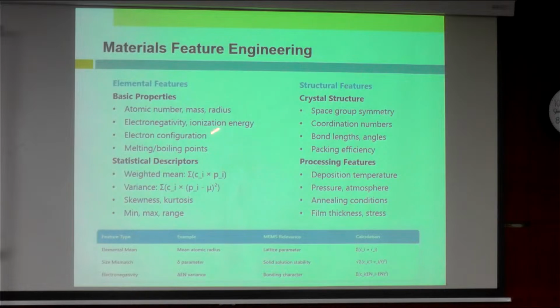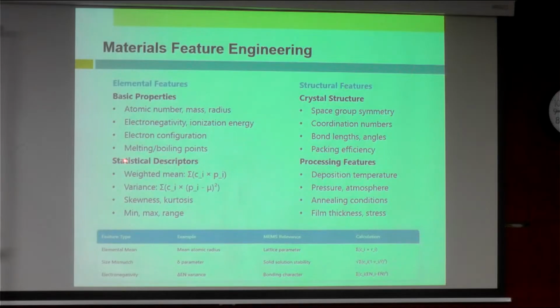These will be the base of the material that will shape the property that we intend to have. Then the electron configuration, melting and boiling points of the material. These are the basic properties of elemental features.